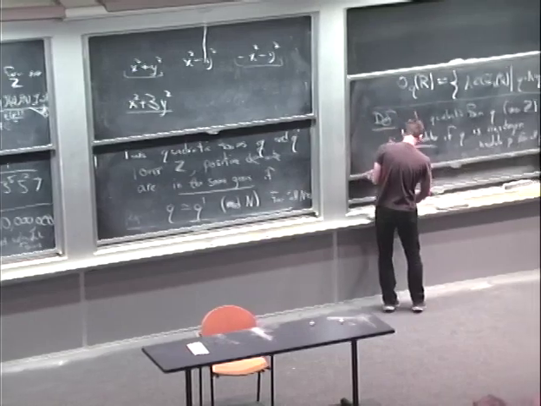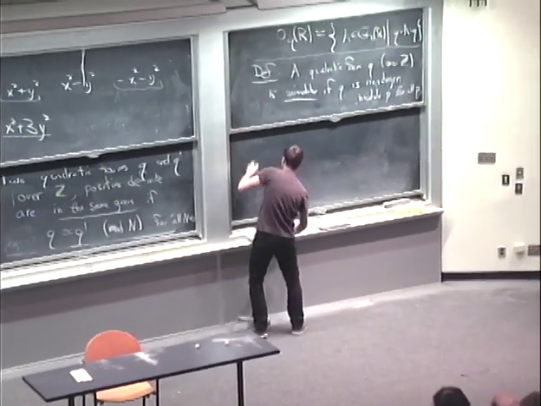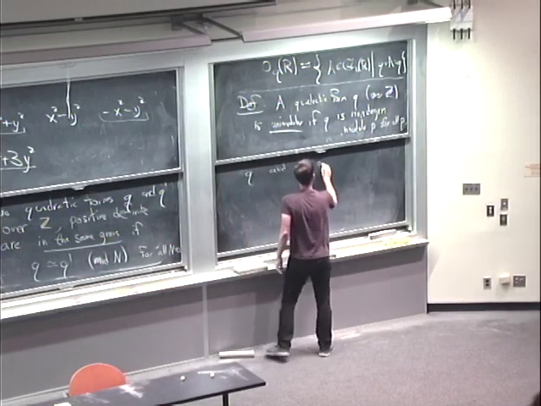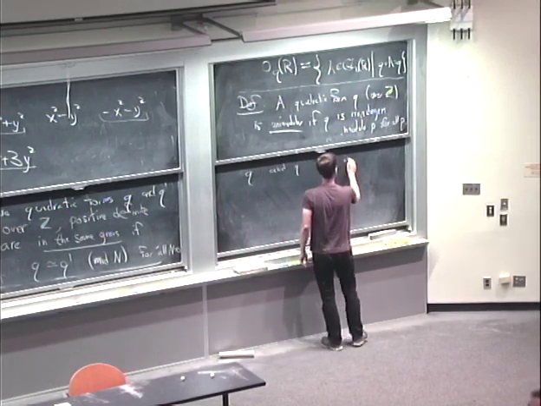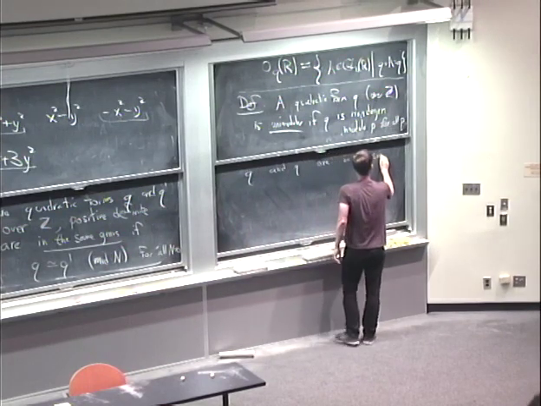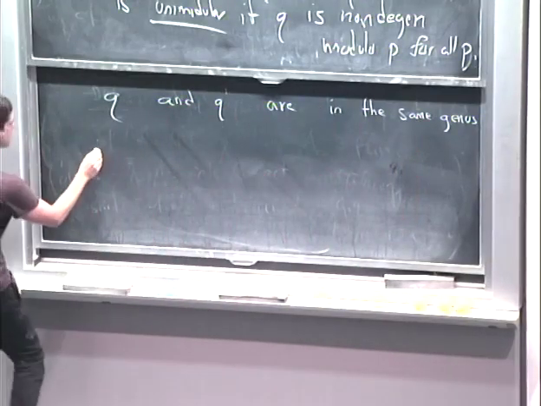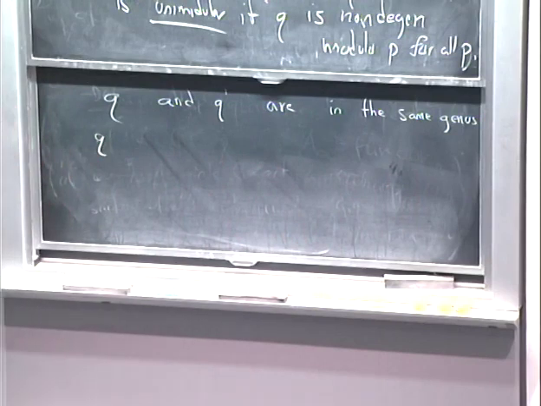So let's suppose that Q and Q prime are in the same genus. What does that mean? That means that for every integer n greater than 0, Q is equivalent to Q prime modulo n.